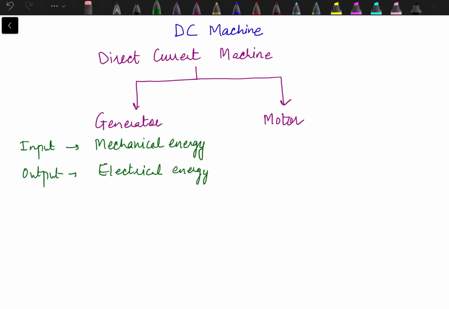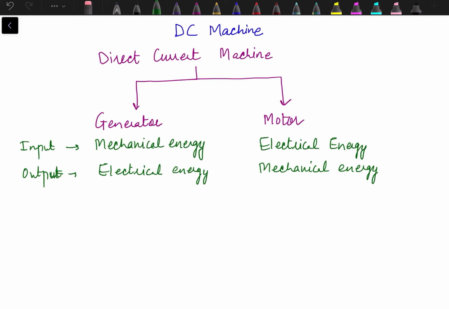While it's vice versa in case of motor, where input is electrical energy and output is mechanical energy. So the same machine can work as a DC generator and it can work as a DC motor depending upon which supply we are giving to the machine.